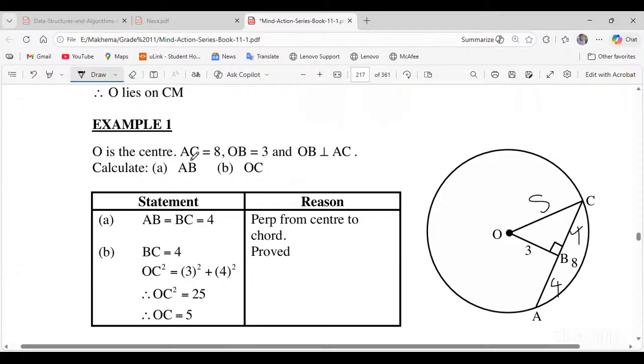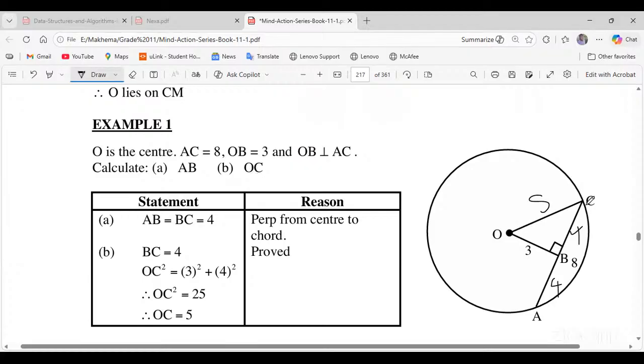So they are saying you have to find AB. We found it here. Why? Because this is just the statement: AB is equal to BC is equal to 4. Accompany that statement by a reason. So that is a perpendicular line from the center to the chord. That is the reason. Now, OC.